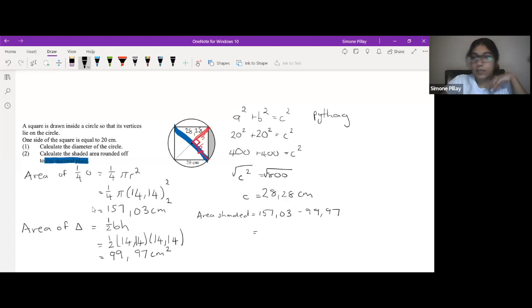And what am I going to get? I'm getting 57,06. Thank you, Samuel. 57,06 centimeters squared. And can we see how we all got that?